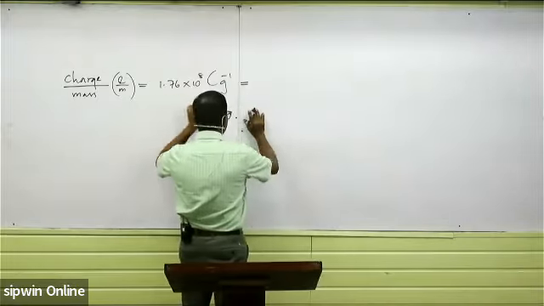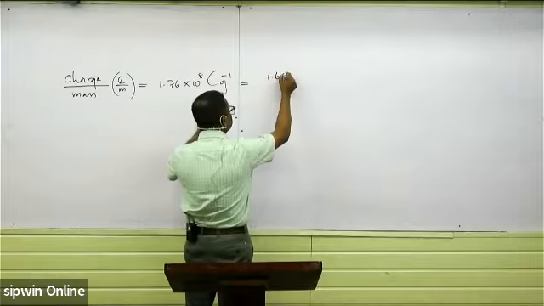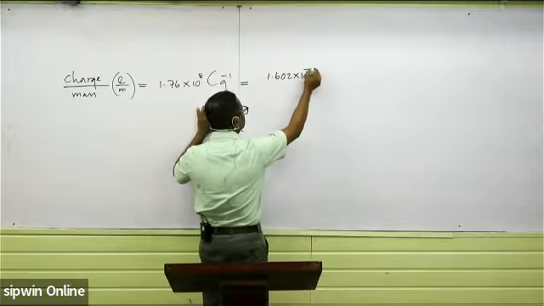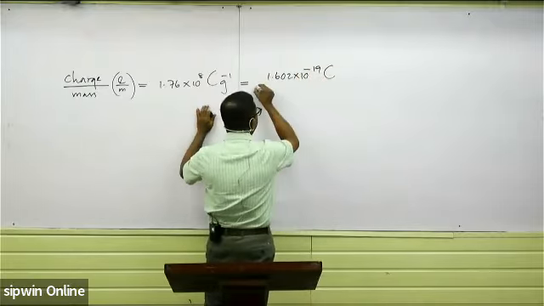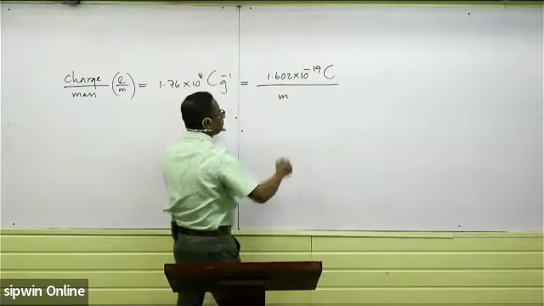This is the net value. Charge is 1.602 × 10^-19 coulombs divided by mass.